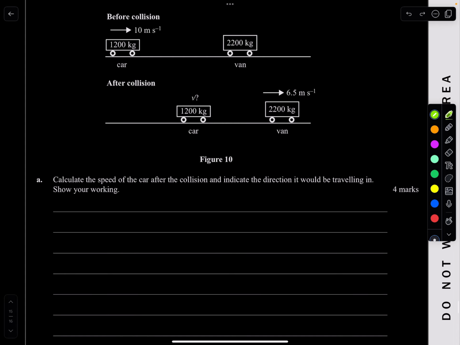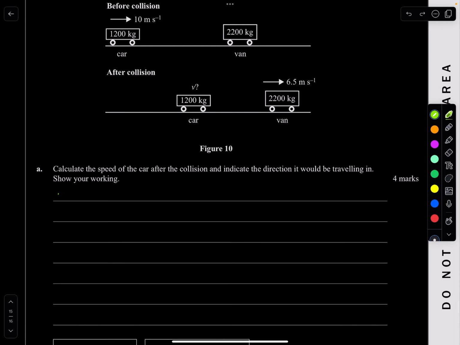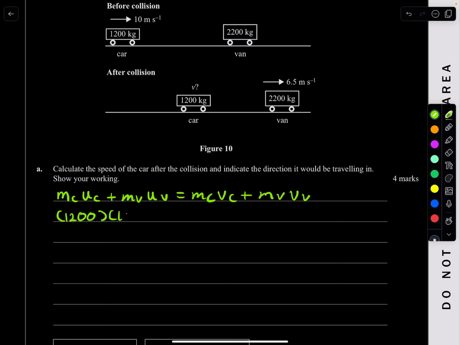So it's the mass of the car times the initial velocity of the car, plus the mass of the van times the initial velocity of the van, equal to the mass of the car times its final velocity, plus the mass of the van times its final velocity.